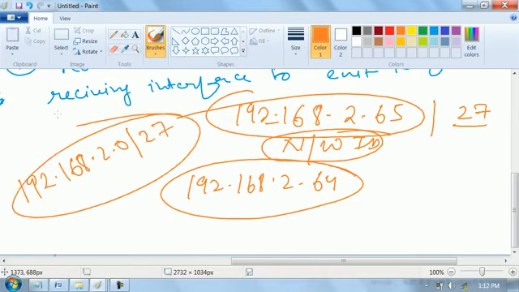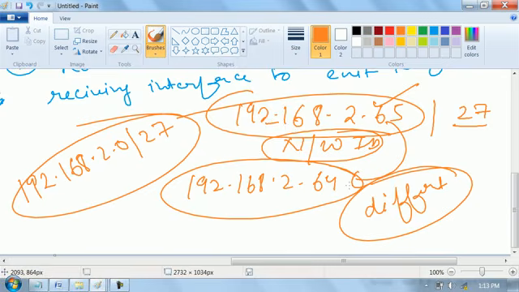Router will say, I know about a destination network which is similar to it, but it is not the destination network. Router will say, I don't know about this destination network. मुझे इस IP के लिए destination network के बारे में नहीं पता. क्यों नहीं पता? क्योंकि बिट्स मैच करके नेटवर्क आईडी क्या आ रही है? डिफरेंट. सेम और डिफरेंट भी आ रही है तो डिफरेंट राउटर की राउटिंग टेबल में प्रेजेंट नहीं है. अगर राउटर की राउटिंग टेबल में प्रेजेंट होती तो राउटर उसके लिए क्या करता? फॉरवर्डिंग. वरना राउटर कभी भी फॉरवर्डिंग नहीं करता.